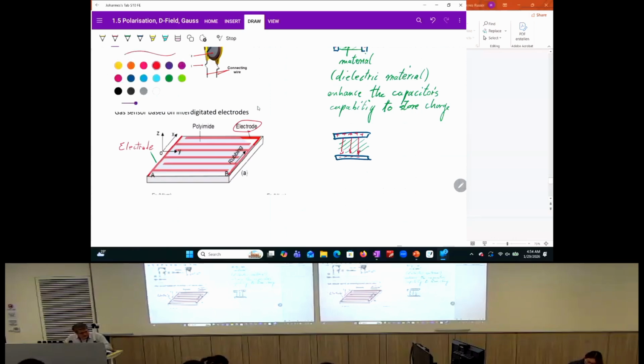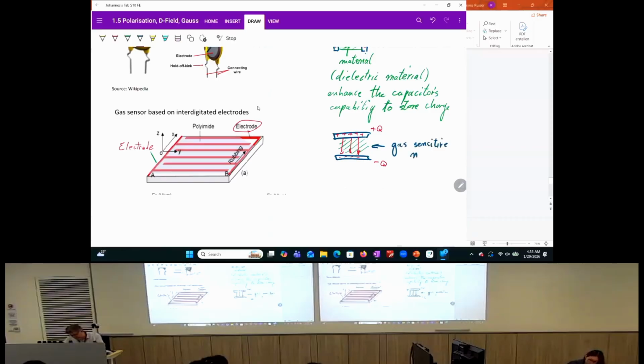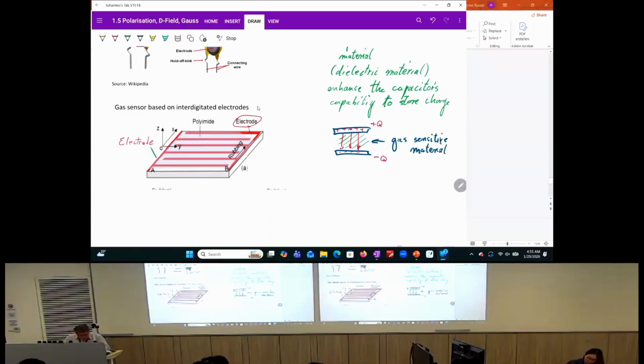You have here a gas sensitive material, meaning the filling here is a gas sensitive material. In this interdigitated design, you not only use it for gas sensors, there are a lot of other applications. The interdigitated design is meant to maximize the interaction possibility between these two electrodes.